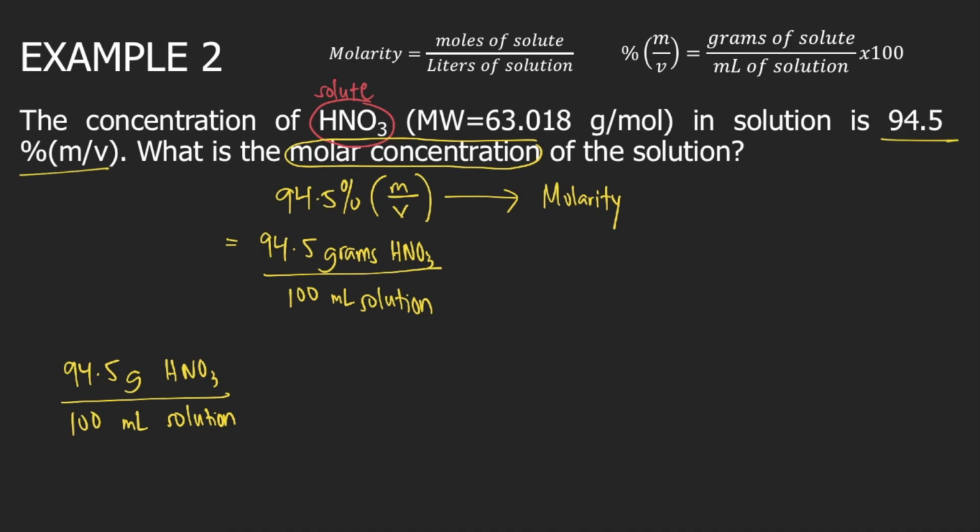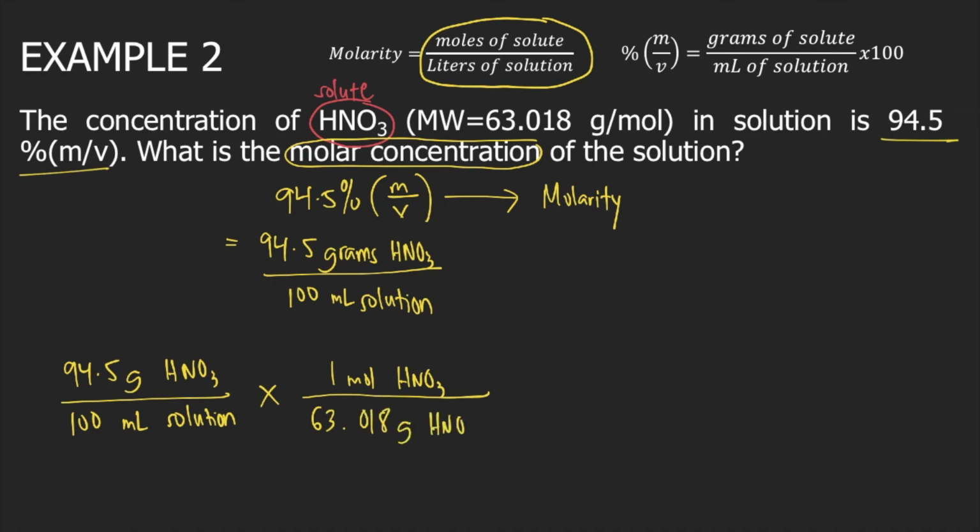Now look at the formula for molarity. For molarity, it's moles on top per liters of solution on the bottom. So first, we convert grams to moles. So we are given the molar mass. 1 mole of HNO3 is equivalent to 63.018 grams of HNO3. So grams will cancel, and the unit on top becomes moles.